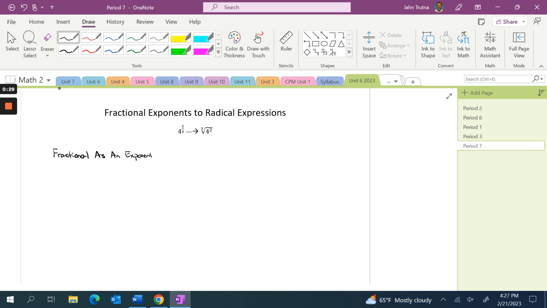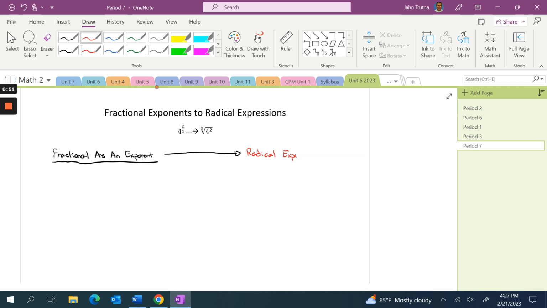Okay? And then we are going to change that expression that has a fraction as an exponent into a radical expression. All right?